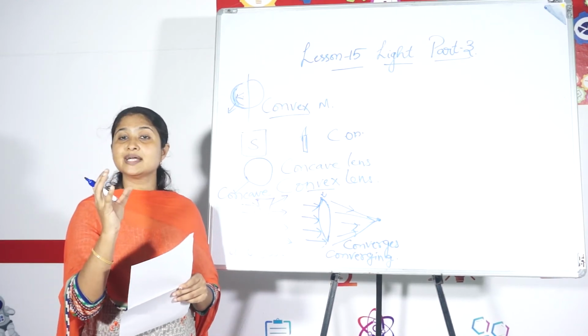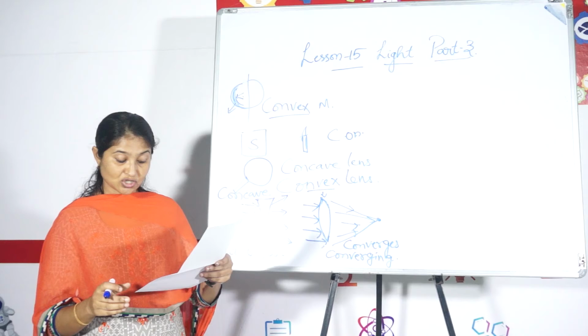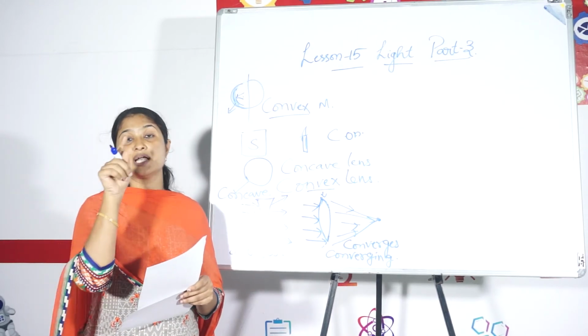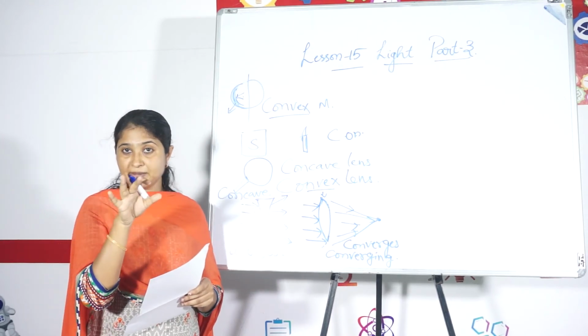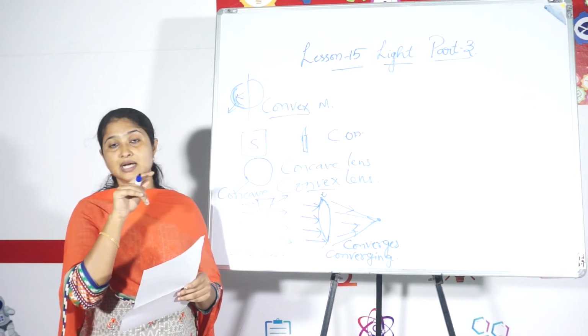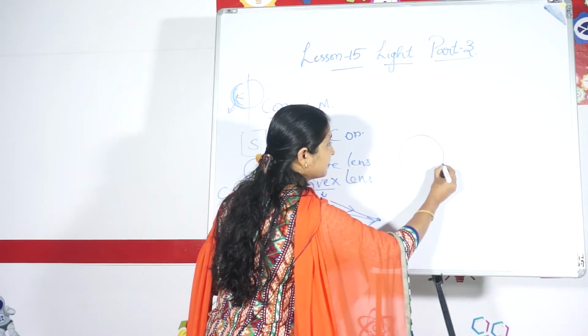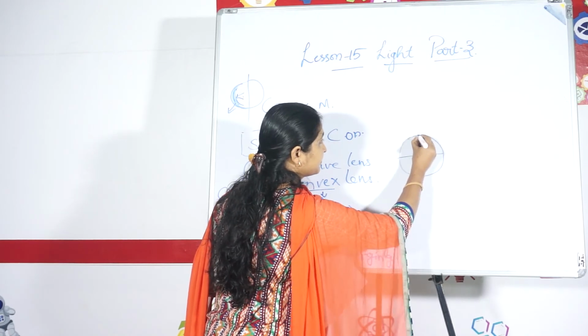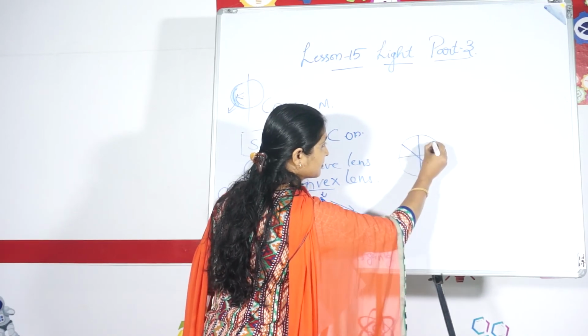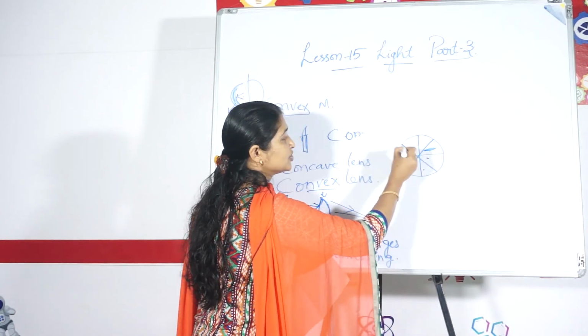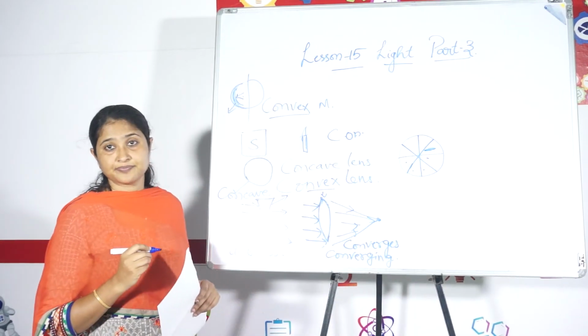You can make a disc which is called Newton's disc. You can cut out a cardboard piece, stick white paper over it, and you can color these portions using different colors.